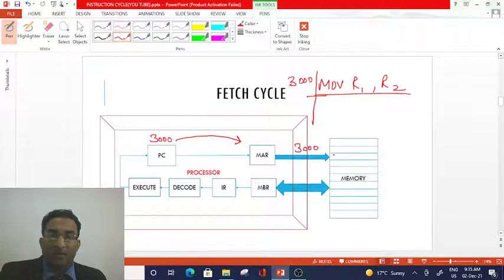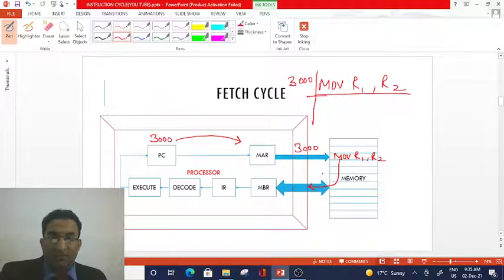Memory read operation means the processor will read this instruction, that is move R1 comma R2. So when it is reading, it means the data from the memory or the instruction from the memory is coming through the data bus into the processor. This is called the fetch operation.